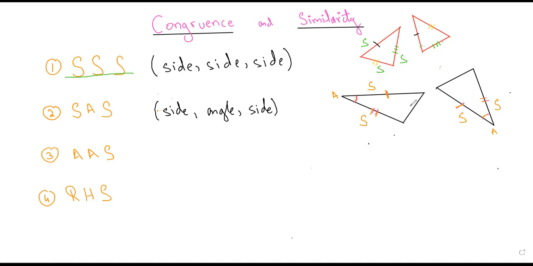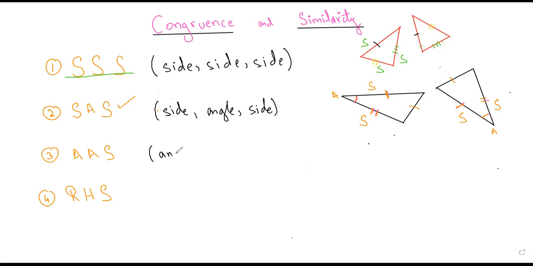So this time around, you don't have to find all the other sides and all the angles. If two sides and the angle between them are the same, then through the side angle side property, you can say that they are congruent. Okay, let's talk about the third one.